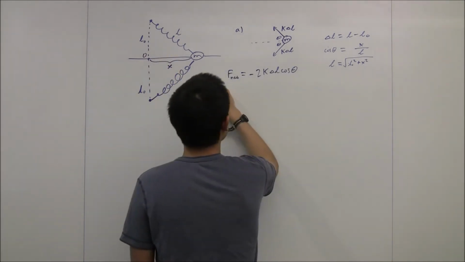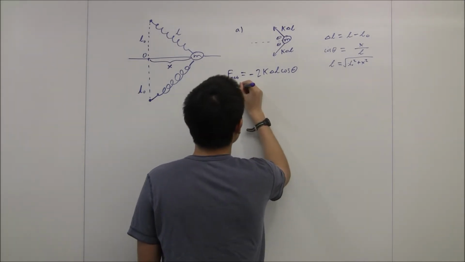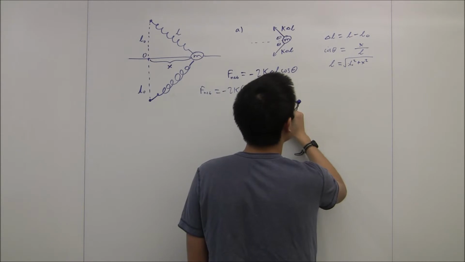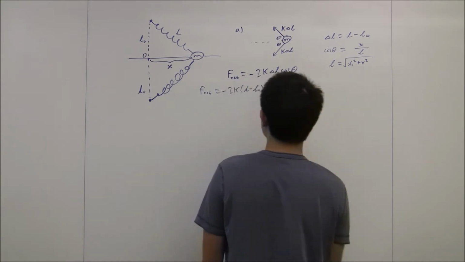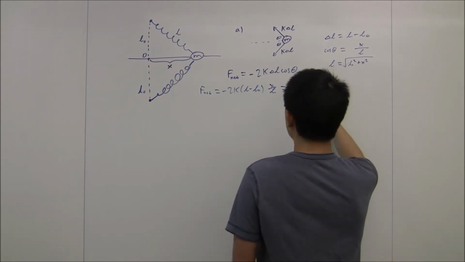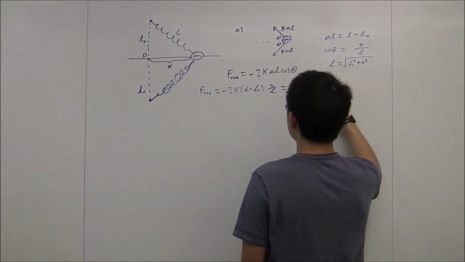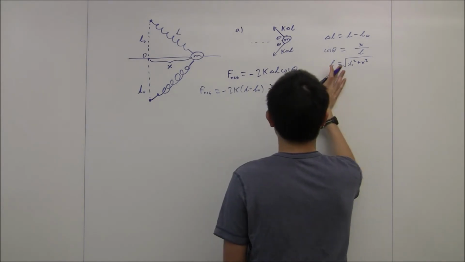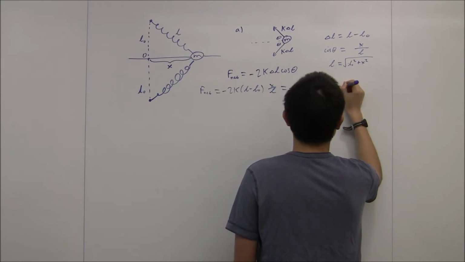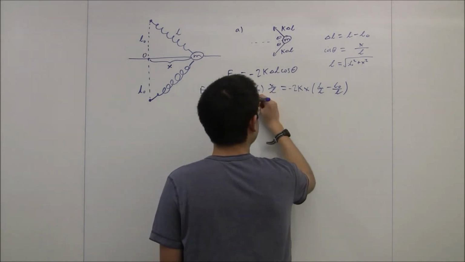So we get that net force, F net, is equal to negative 2k delta L, which is L minus L0, times cosine of theta, which is x over L. So now if we bring this inside the parentheses, we get negative 2k times, we're going to factor out the x, L over L minus L0 over L. So L over L is 1.